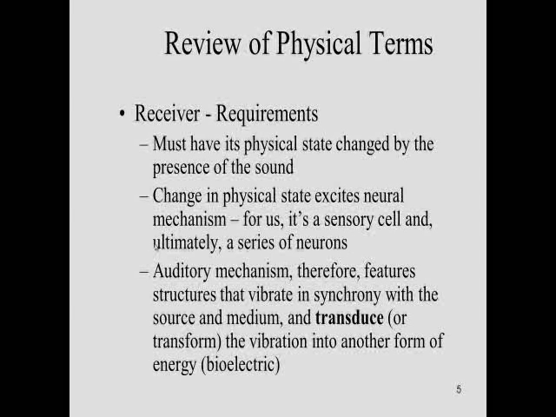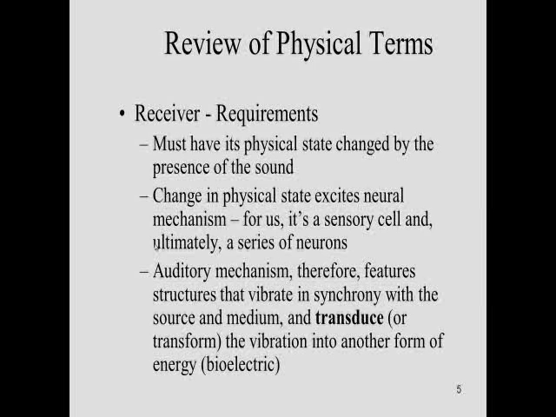So we have a vibrating source. We have a medium, as we just saw, that's going to transmit the energy from one place to another. And we also have to have a receiver present in the environment whose physical state will be modified by the energy associated with that vibrating source.